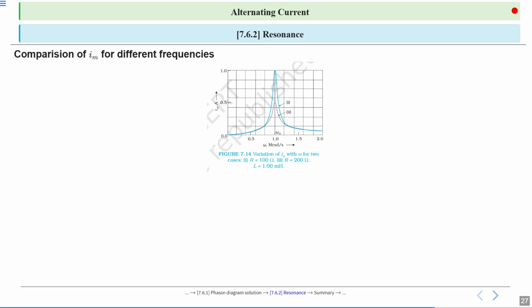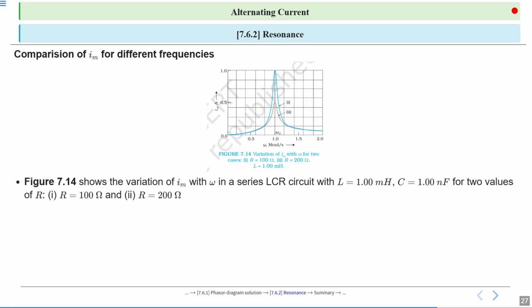So this is the diagram. You can see figure 7.14. Figure 7.14 shows the variation of Im with omega in a series LCR circuit with L equal to 1 millihenry, C equal to 1 nanofarad, for two values of R, R equal to 100 and R equal to 200. So you can see at a particular frequency omega naught, current is maximum.